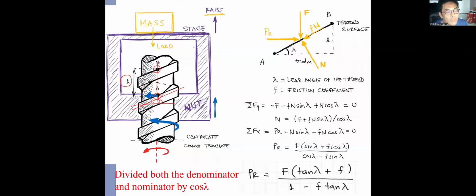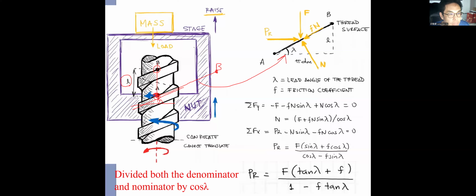So if we stretch it, we expand this point AB into a straight line. For example, just fix one point here, so we can stretch out and extend this part of the screw thread. So we can find a triangle like this.